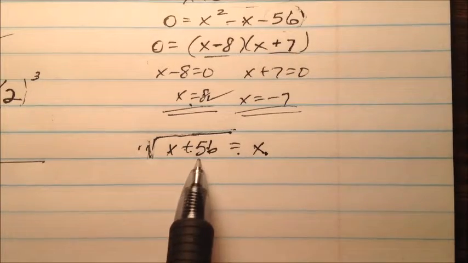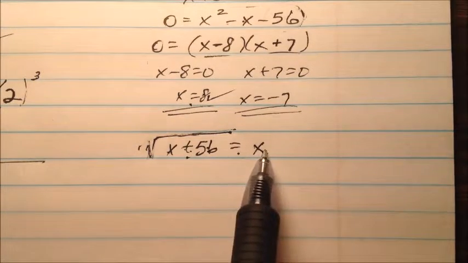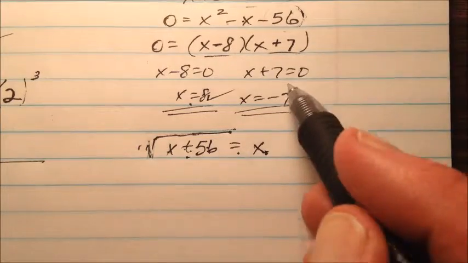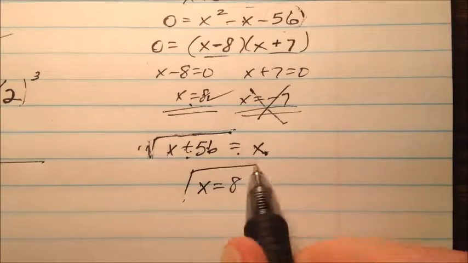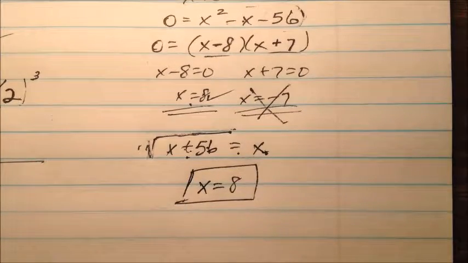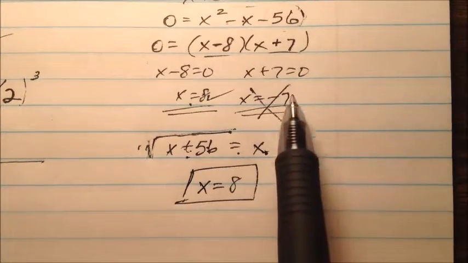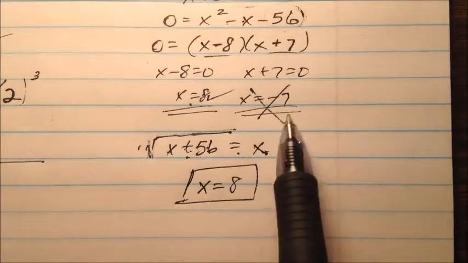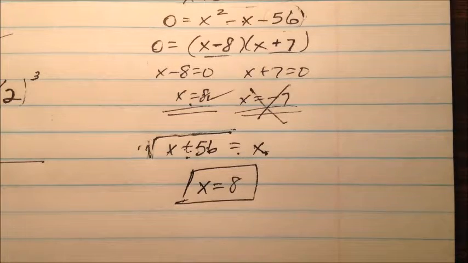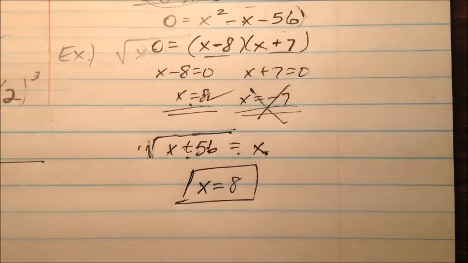The square root of 49 is 7. Oh, but our x was negative 7. So actually negative 7 will be extraneous. So our only solution is x equals 8. You have to watch out for values that you might get when you solve it, but when you plug them back in, they will not work. Again, those are called extraneous solutions.